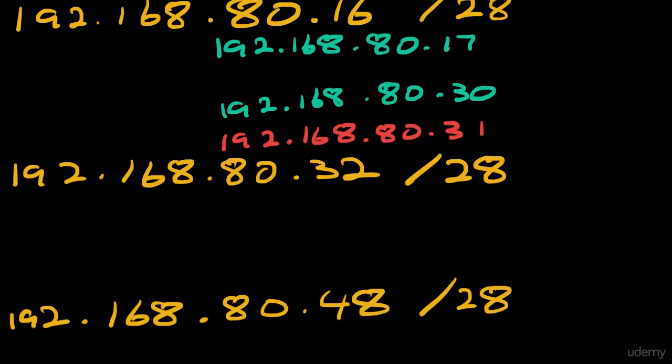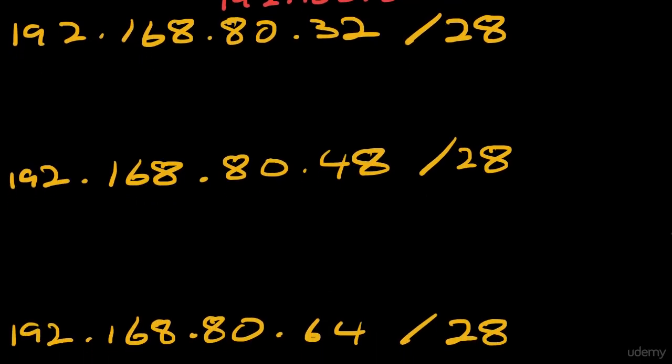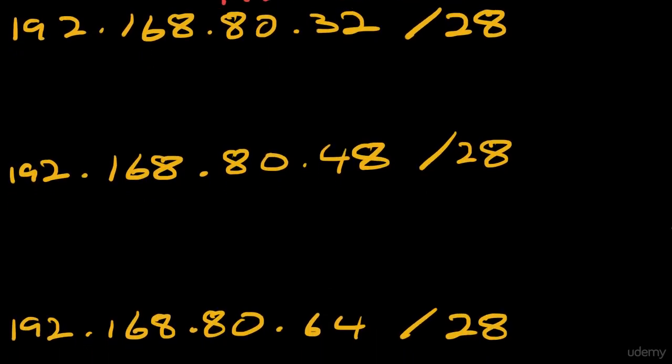Let's scroll down here. The first valid IP address for the 80.32 network is 192.168.80.33. The next network ID is 80.48.